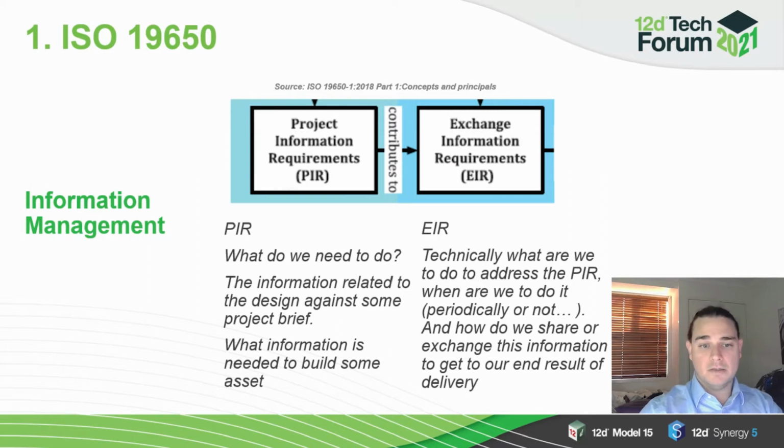Firstly, with PIR, it's really a question from a project level, what it is we need to do. Secondly, it considers the information related to the design against some project brief. And lastly, what information is needed to build the asset. Fairly fundamental building blocks, which is typically considered in the approach to a design and the delivery of a design.